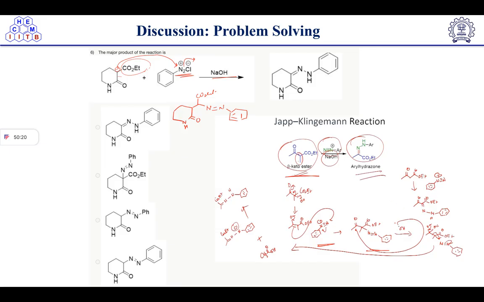After this one, base will again, the hydroxy group will attack on the carbonyl center here. So it will attack on this carbonyl center, yes. So another one will remain untouched.